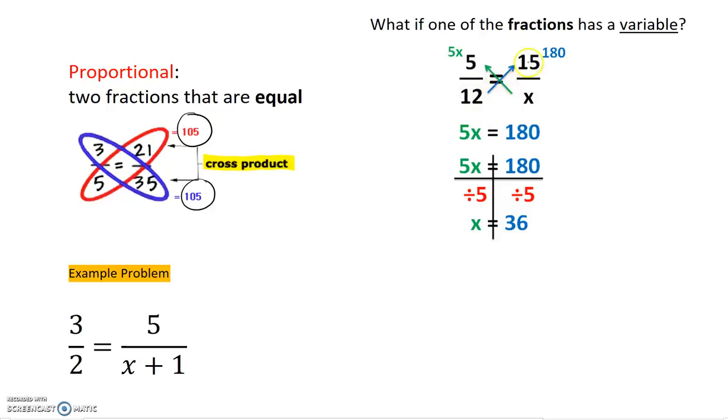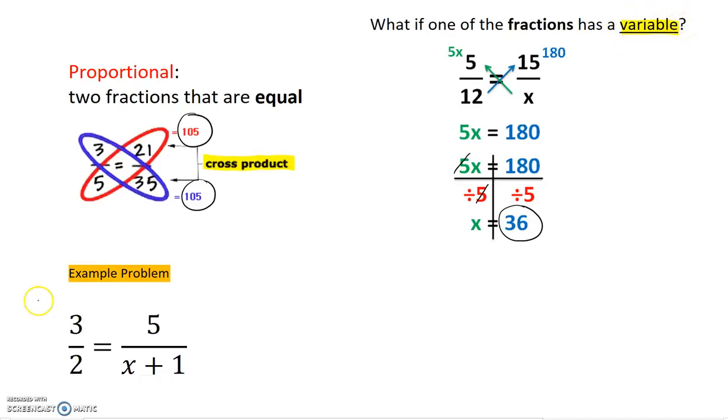We multiply the 12 times 15, and that gets us 180. But now we just have a simple algebra problem. Divide both sides by 5. This goes to 1x, and 180 divided by 5 is 36. So remember, the cross product makes it nice and easy to solve for a variable.